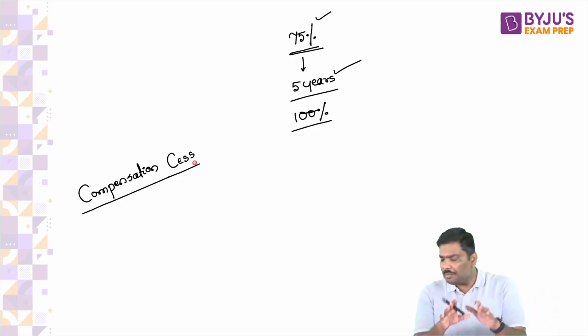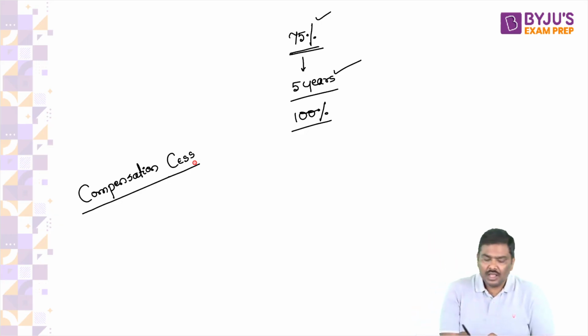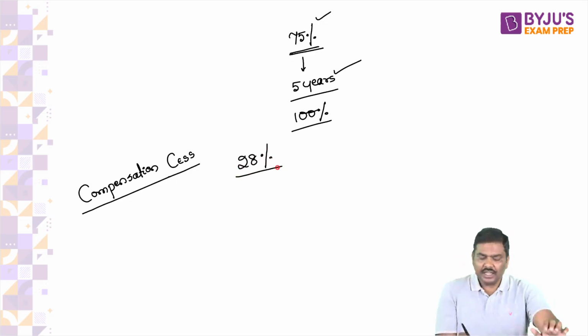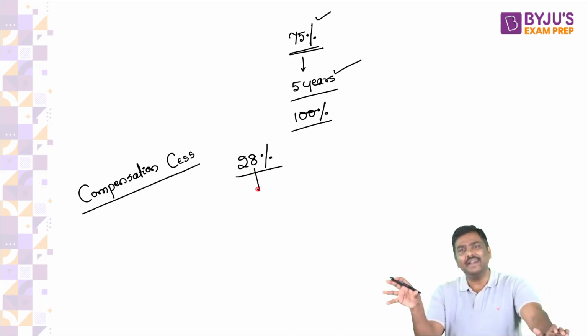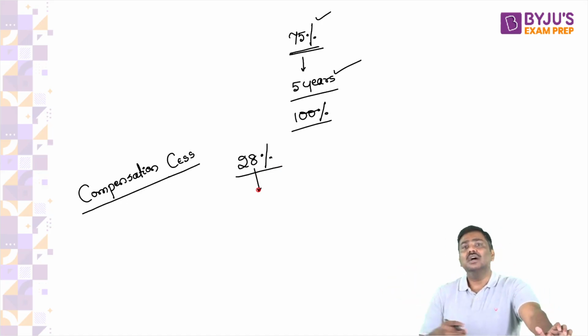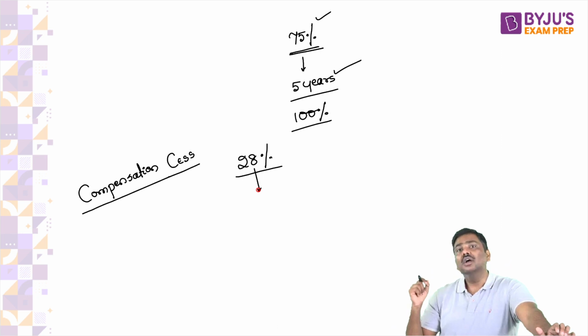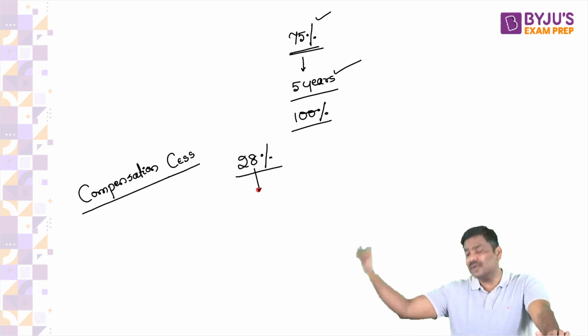Now, where was the compensation cess applicable? Under GST, the highest rate of GST is how much? 28%. Within this 28%, there were certain goods which were identified. For example, aerated beverages, luxury cars, tobacco products, pan products in the market.